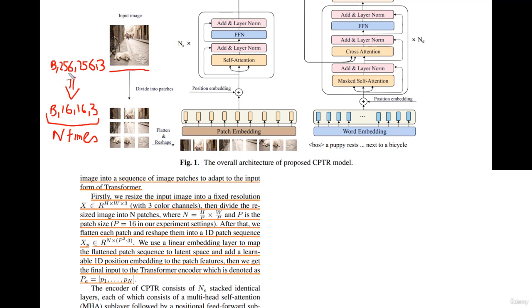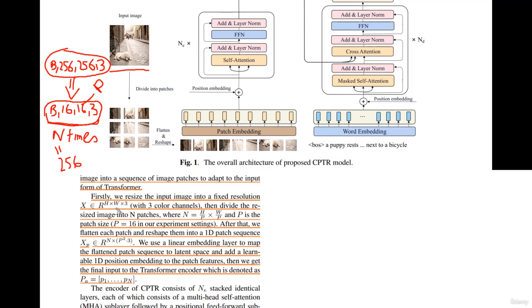Now, if we break this image up into several patches, and each patch is of dimension 16 by 16 by 3, then we shall need 256 of such small patches to form this original image right here. In that case, our n is going to be equal to 256, and then the patch number is this 16 right here.